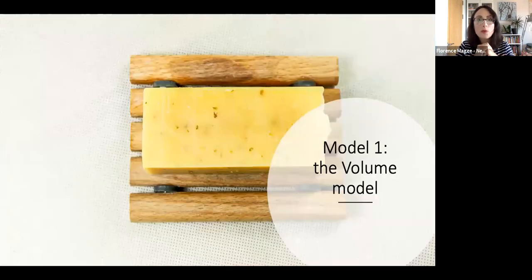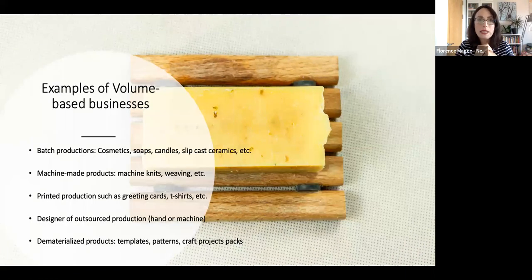And our first model would be a production model based on volume. So what type of businesses are we talking about? We're talking about businesses that can actually produce quite a bit. We're talking about batch production, cosmetics, candles, slip-cast ceramics, anything that's done in a volume that's large enough to actually sustain a large number of orders.